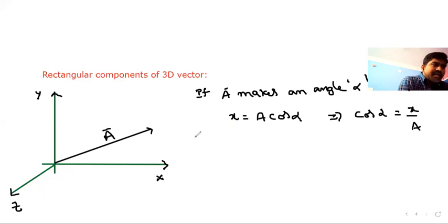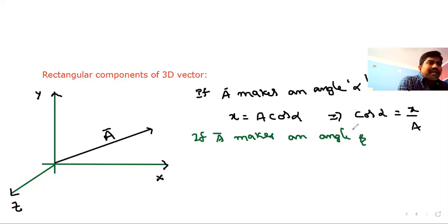If the same vector A bar makes an angle beta with the y-axis, then what will be the y component?